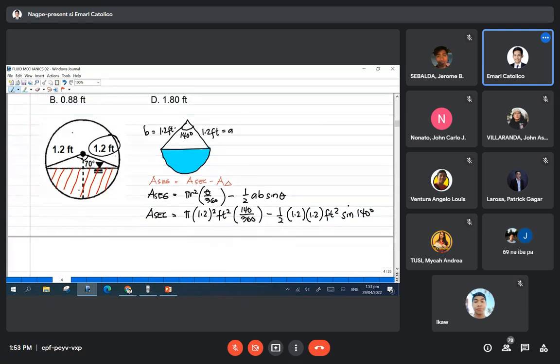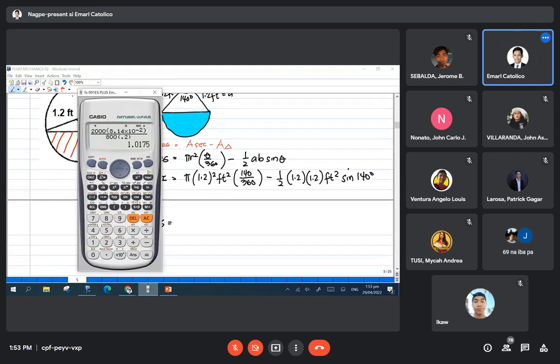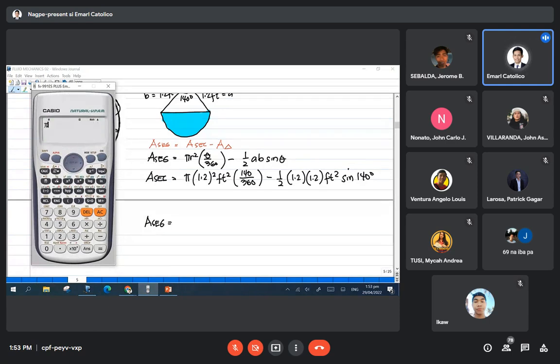Therefore, area ng segment is equals to pi times 1.2 squared times 140 over 360, minus 1/2 times 1.2 squared times sine 140. Make sure na yung angle nyo ay naka-degree.